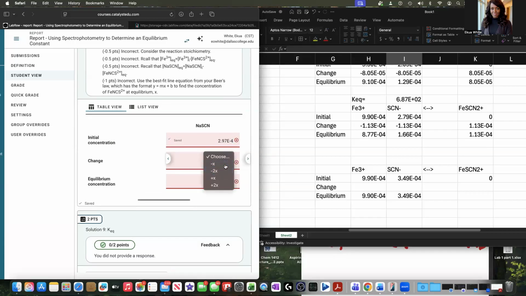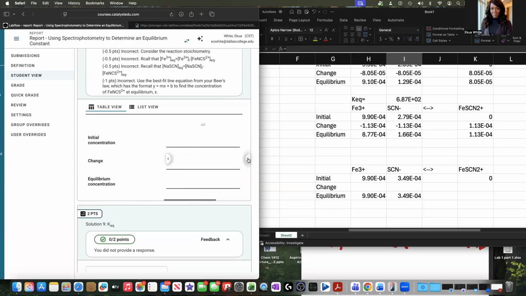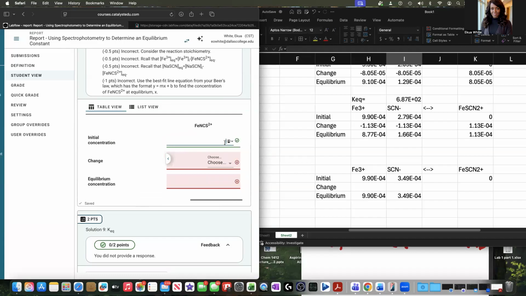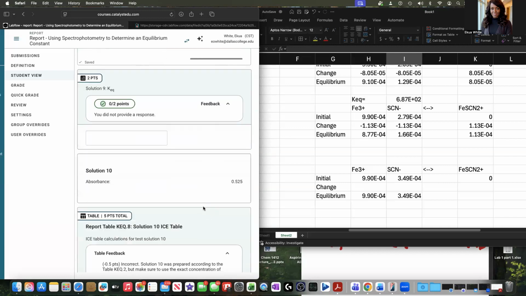This is still minus x because it's a reactant. 1.66 e power -4. You have to be focused. It's going to be 0, and then it's going to be plus x this time, and our x is 1.13 e power -4. Okay, guys, this is the last one.